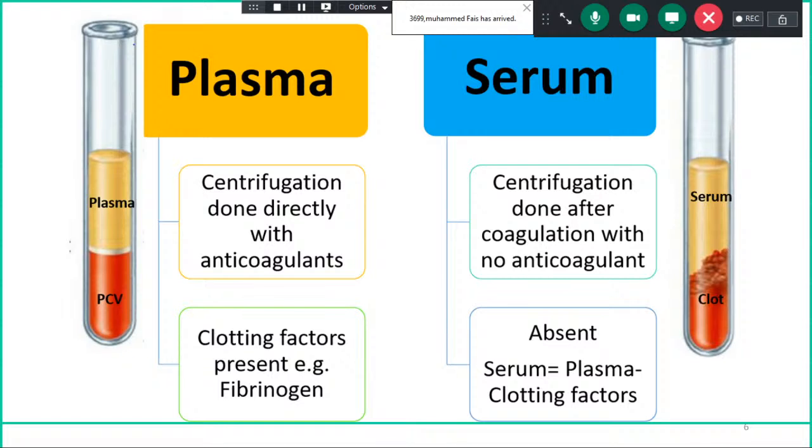When we remove this fibrinogen, as it is used up in coagulation, it gives serum a clear fluid nature, which does not interfere while chemical analysis of different parameters is going on in laboratories. And also it does not have anticoagulant, which sometimes interferes with analysis. So these are the two major advantages of using serum instead of plasma.